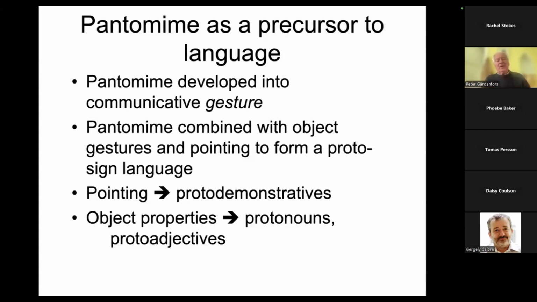So they correspond to these linguistic entities. While then, quite naturally, pantomime refers to verbs or proto-verbs. I mean, they are not linguistic, so we have to call them proto-something. But anyway, you can see that by combining gestures, we can start combining information in order to be able to communicate more complicated messages.